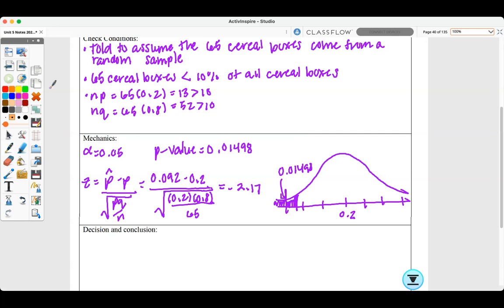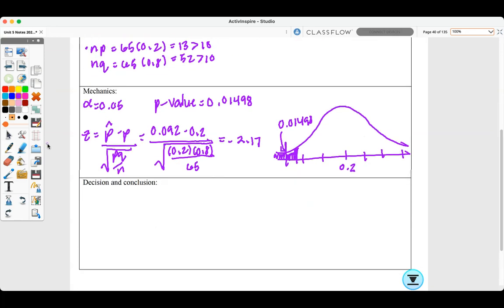So what we're going to do is make a decision and a conclusion about this. So you're going to compare your p-value to alpha. And here, when I look at this, I have my p-value here and my alpha level here.